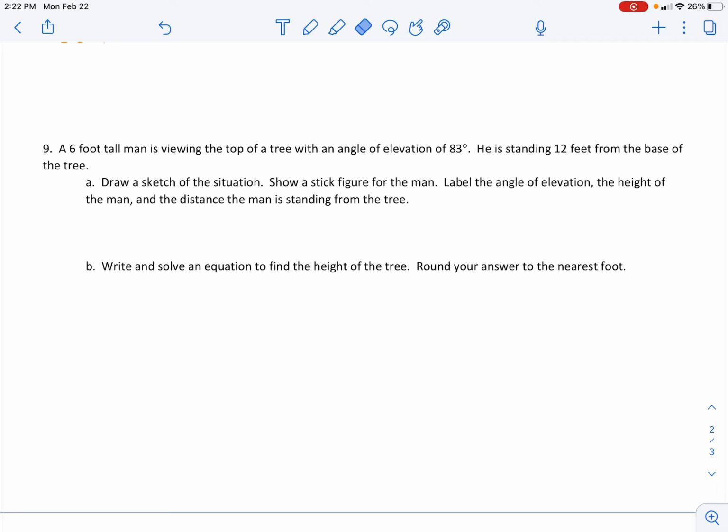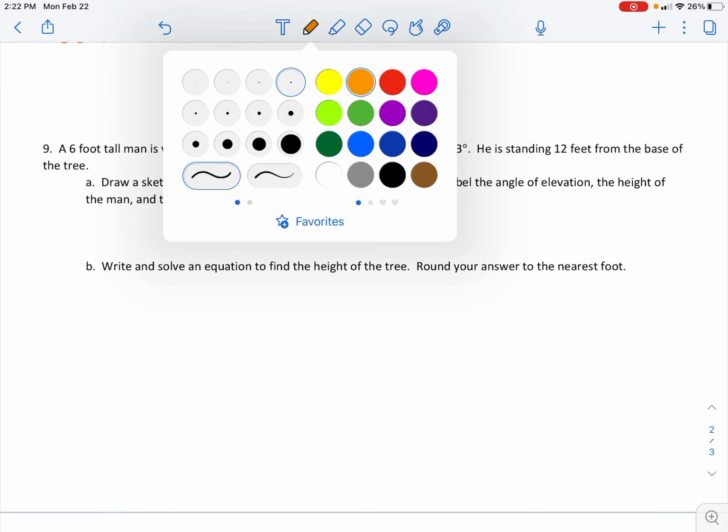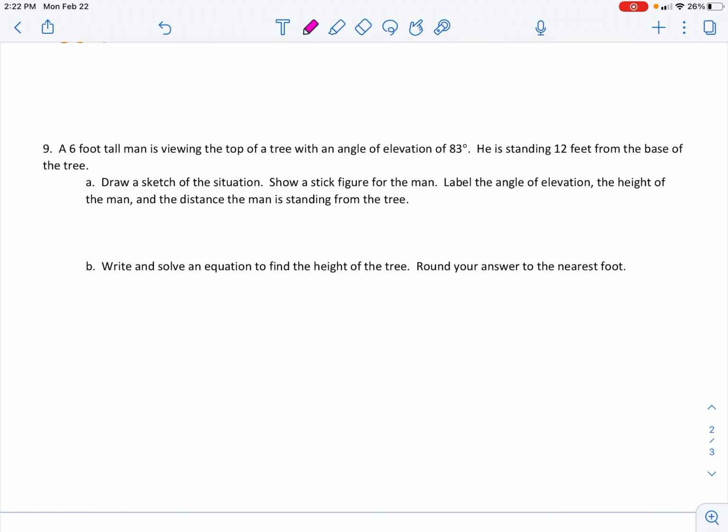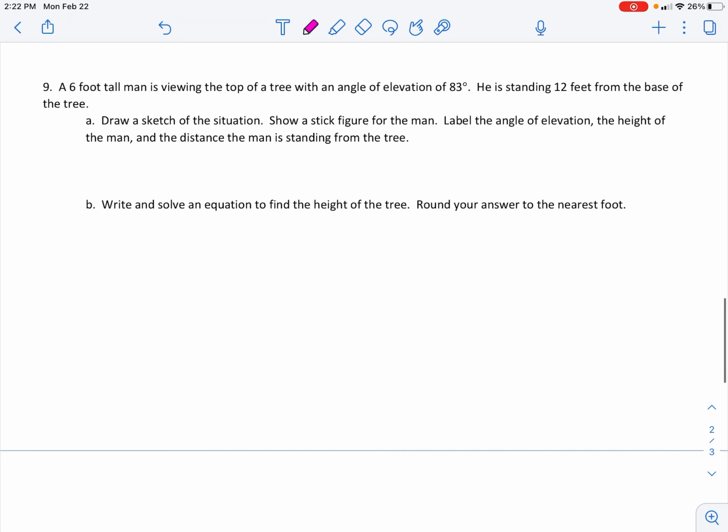So we're going to look at 9. That's going to be it. And so if we're looking at 9, it says a 6-foot tall man is viewing the top of a tree with an angle of elevation of 83 degrees. So if we have our man here, and he is 6 feet tall, he is viewing a tree.